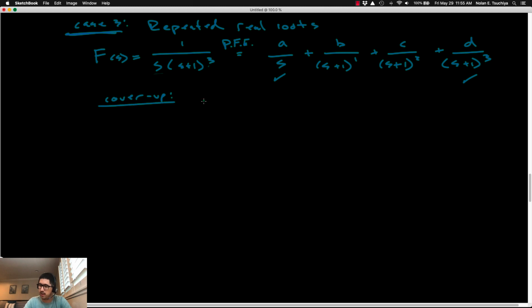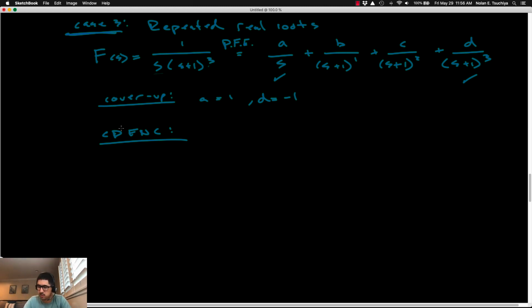Cover-up method for A and D says that A is equal to 1 and D is equal to negative 1. That's by following the exact same process that we used in case 2, so I'm not going to go over that in detail here. However, to find B and C, we employ a secondary strategy. And this really doesn't have a name in any textbook, but it's outlined in several textbooks.